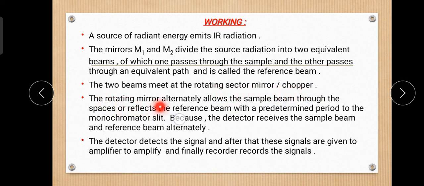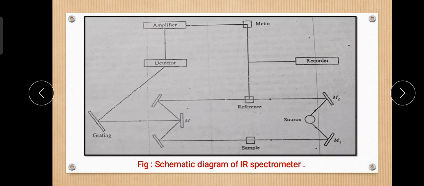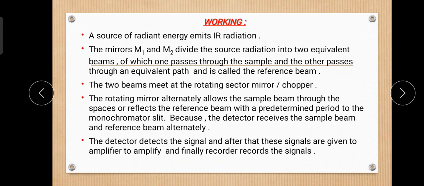The rotating mirror alternatively allows the sample beam through the space or reflects the reference beam with the predetermined period to the monochromator slit, because the detector receives the sample beam and reference beam alternatively. That means here as shown in the figure we have the rotating mirror, and it works with the predetermined period of the monochromator slit.